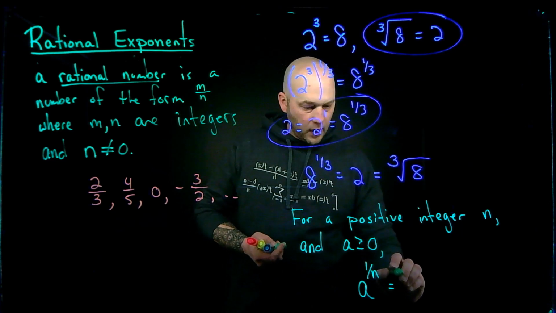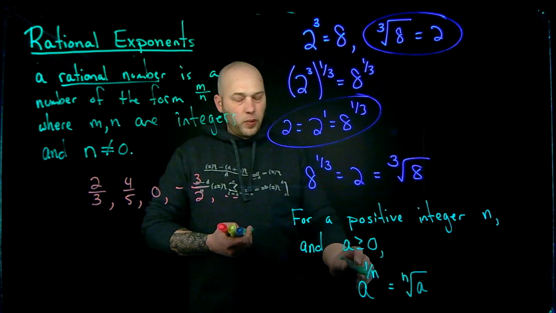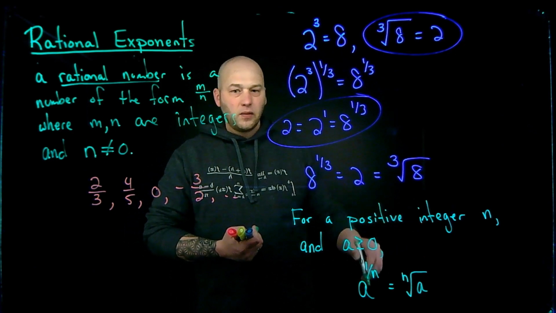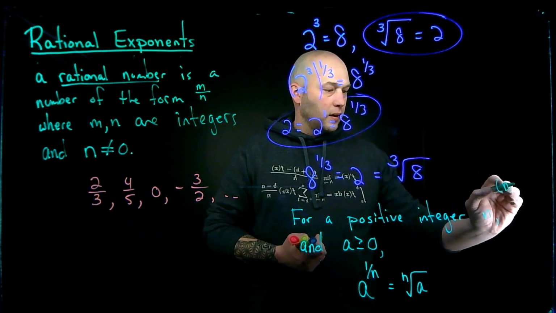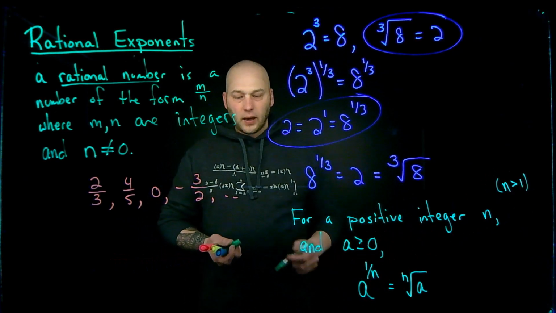This is the same thing as the nth root of a. Now I suppose we're also assuming that not only is n a positive integer, but also n is bigger than 1, because we don't have a radical with an index of 1.